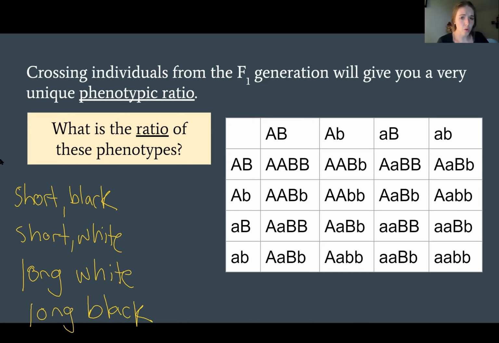And what we care about for determining if this is what we would expect to see is the ratio of these phenotypes.